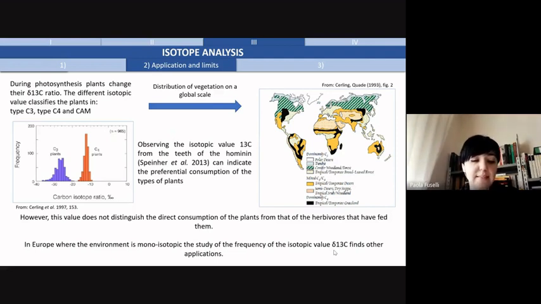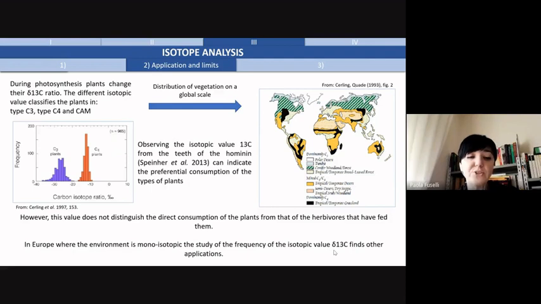The C13 ratio is widely used because during photosynthesis, plants process carbon in a different way. The result is different delta C13 values. The different isotopic ratios classify the plants into type C3, type C4, and CAM.